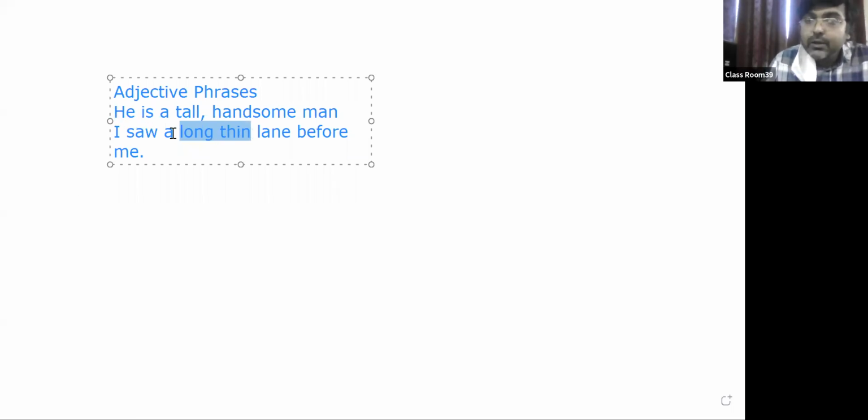But when you say "a long, thin lane", here you have the noun phrase. So when you focus on and target the adjectives, that is an adjective phrase, and when you add the noun with it, it becomes a noun phrase. So this is a noun phrase and this is an adjective phrase. This is what you must remember.